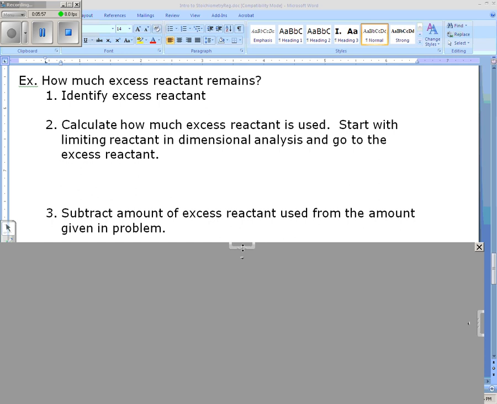Okay, the problem we were working with, CO plus H2 gives you CH3OH, and we balanced it. H2 is my limiting reactant, so that means CO is my excess reactant. It has to be a reactant on this side of the arrow.